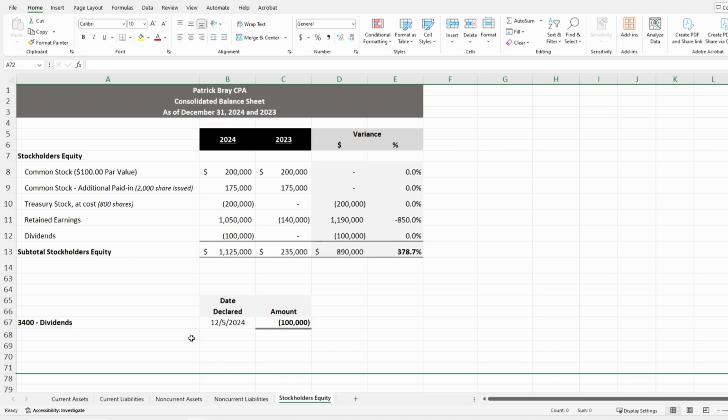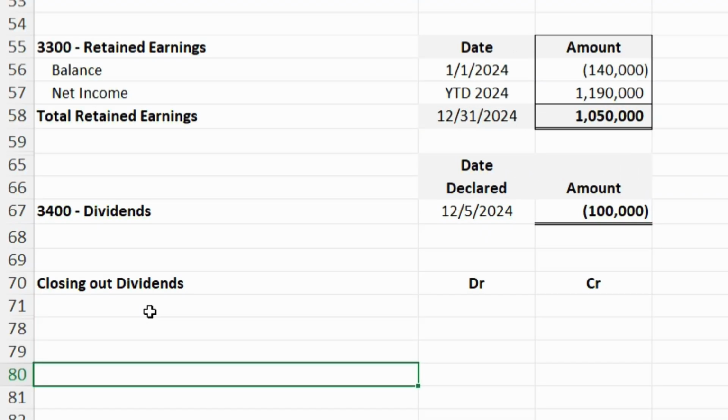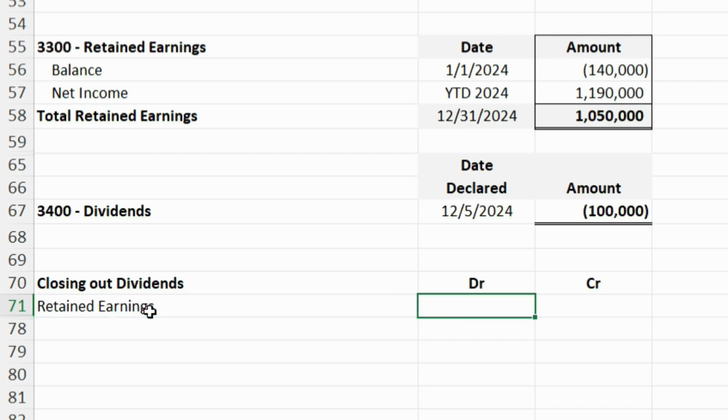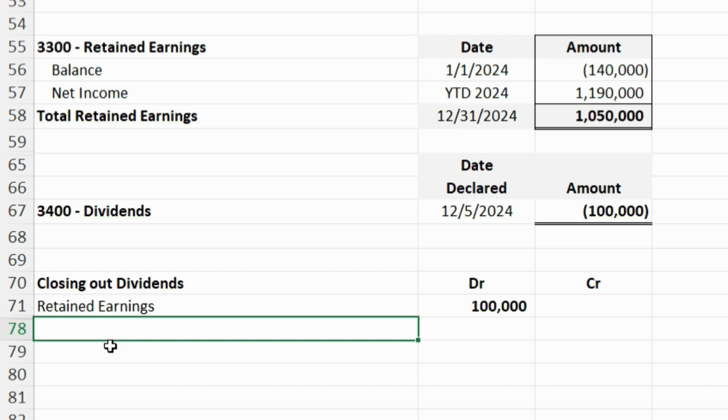But if I jump back to retained earnings, because I can't carry it into the next year, you close the dividend into retained earnings. So in this situation, I'm going to debit retained earnings, and I'm going to credit dividend, my 3,400 account.